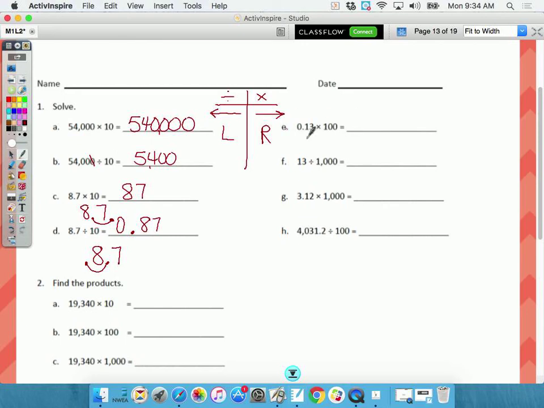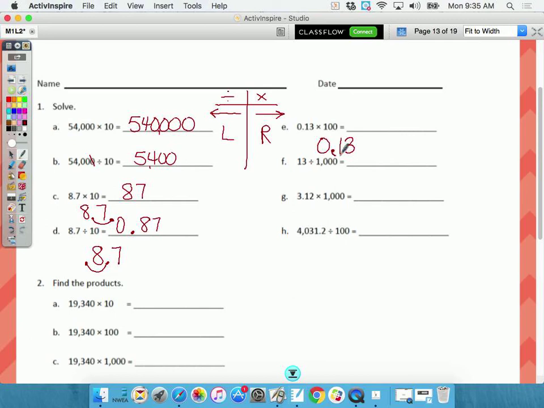Can I use the zero trick? No. Why? Because there's a decimal and it's not a whole number. So I will rewrite 13.00 times 100. And you're going to rewrite it for me because I'm teaching you a strategy, correct? Right. Okay, it's going to get harder in life.